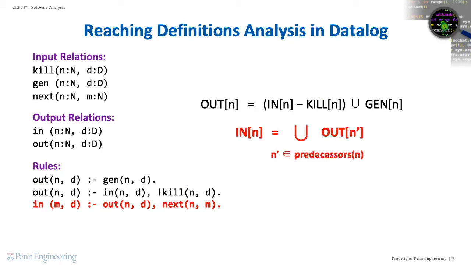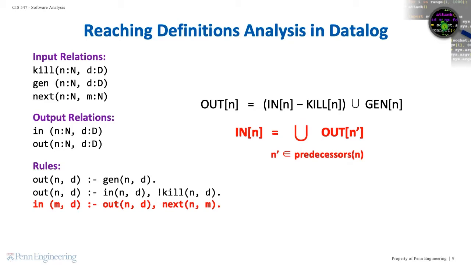Finally, the third rule maps to the second rule in the specification, which is in of n equals the union of out of n prime for all predecessors n prime of n.